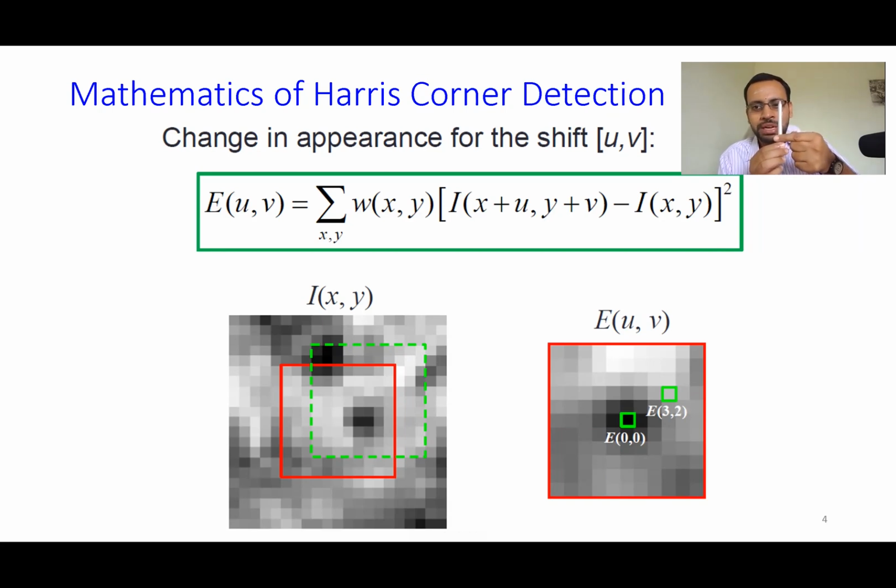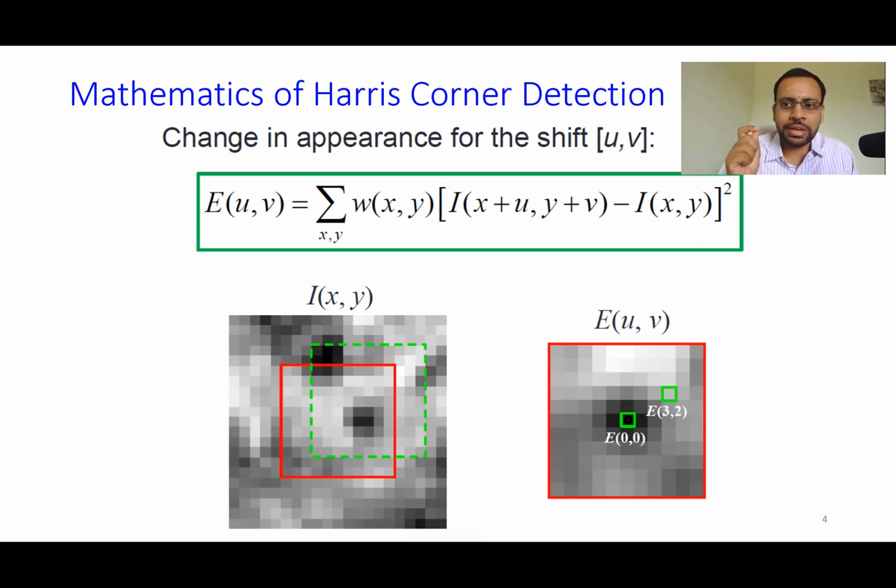But the moment I am moving along the edge, there is hardly any difference. So from this, you can infer that even a slight change in the position of your patch should result in a large difference in terms of intensities within that patch.